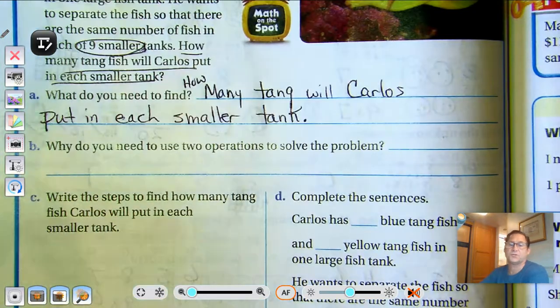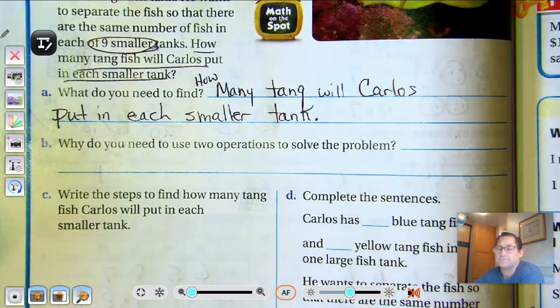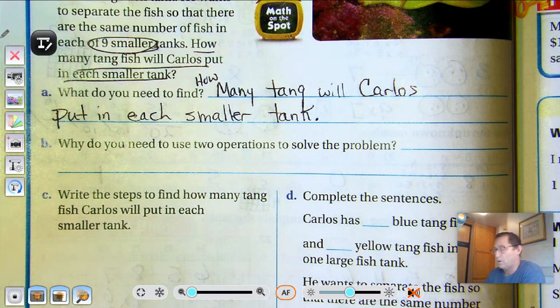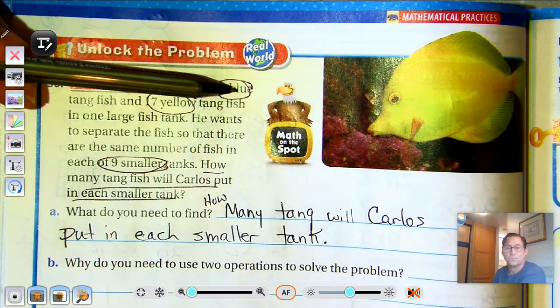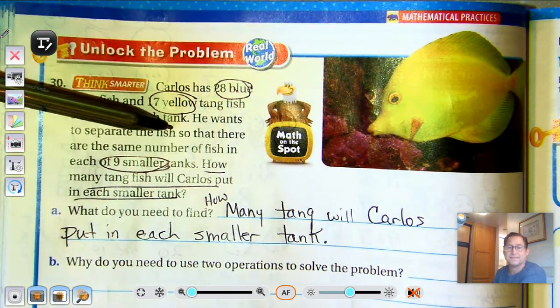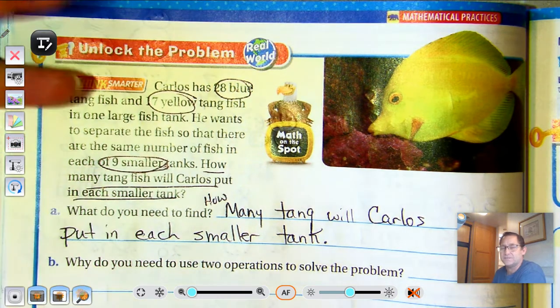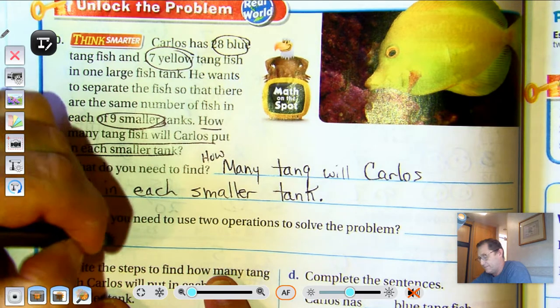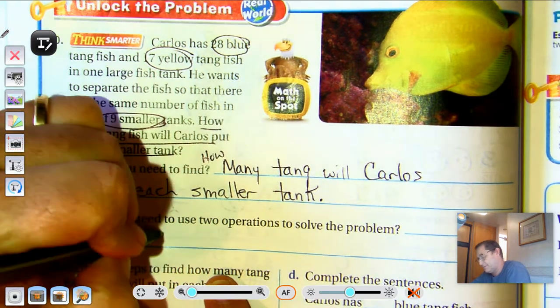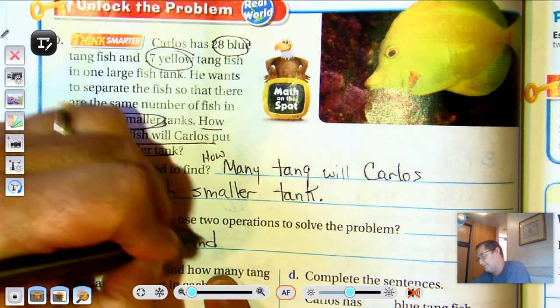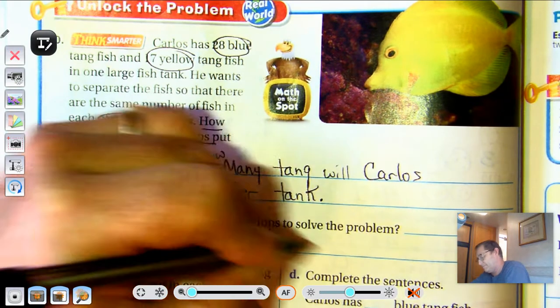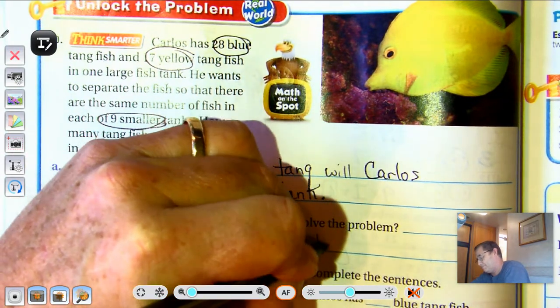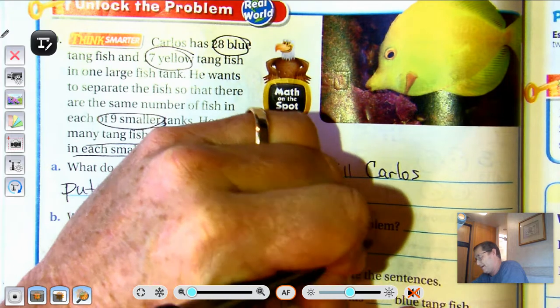Why do you need to use 2 operations to solve the problem? Well, we have 28 blue and 17 yellow. So we're going to use addition to find the total number of tangfish. Addition to find the total number of tangfish.